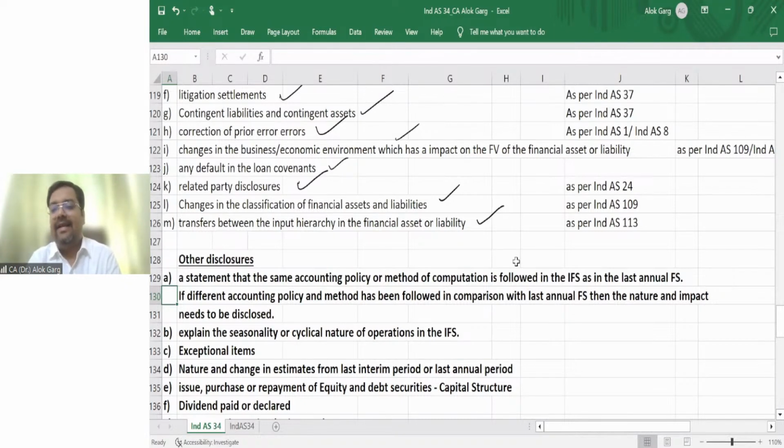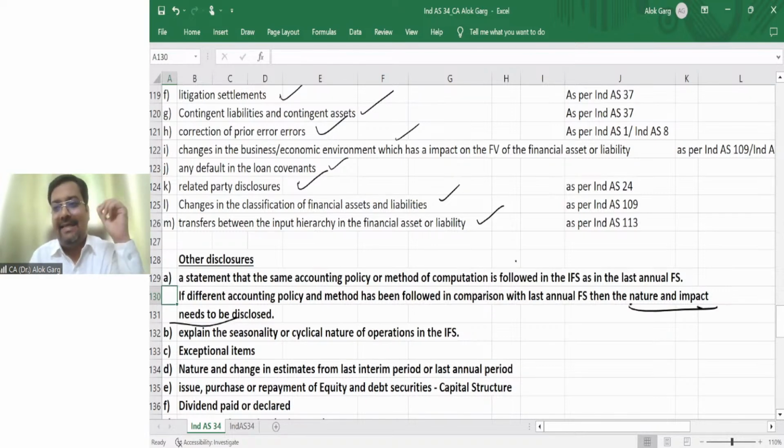So friends, in that case, the standard says that if a different accounting policy or different method of computation is followed in the interim period in comparison with the last annual period, then the nature and impact need to be disclosed. So you need to disclose the impact, the nature, and this fact as well, right?